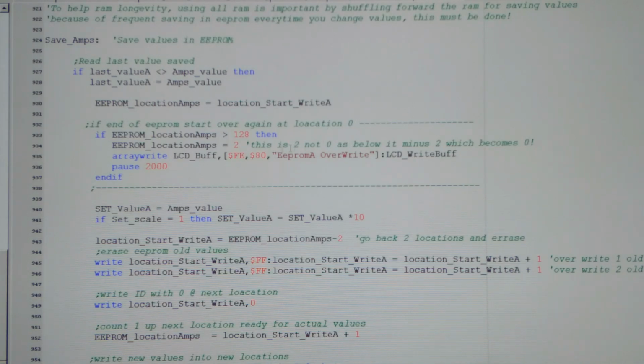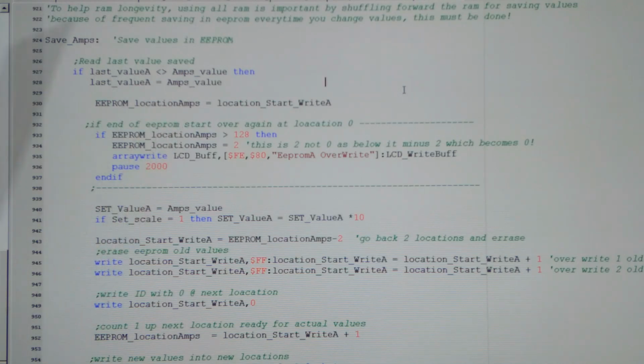Okay, so I'll give sort of a basic explanation here of how I'm writing it. EEPROM location equals the location start write A. That means I'm going to write to the amps location.